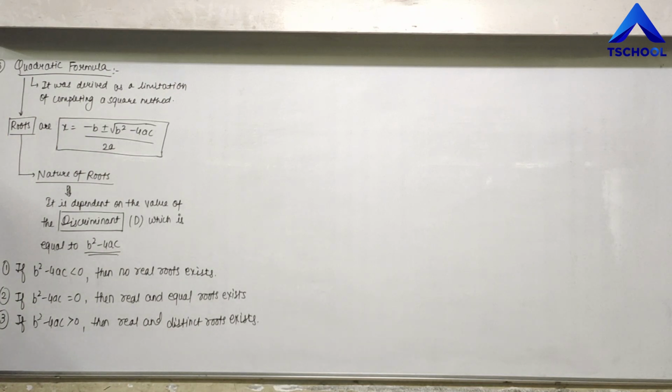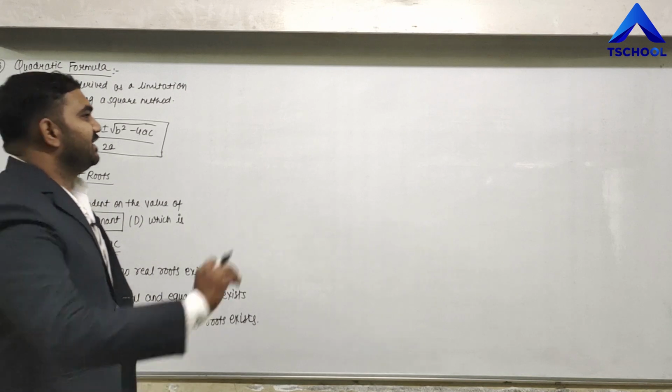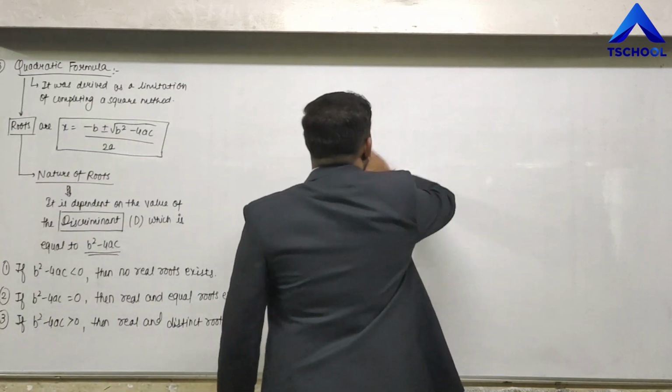So there are three cases: if it is less than 0, if it is equal to 0, and if it is greater than 0. If it is less than 0, then no real roots exist. If it is equal to 0, then real and equal roots exist, and if it is greater than 0, then real and distinct roots exist. Let us understand this in the form of a tree.